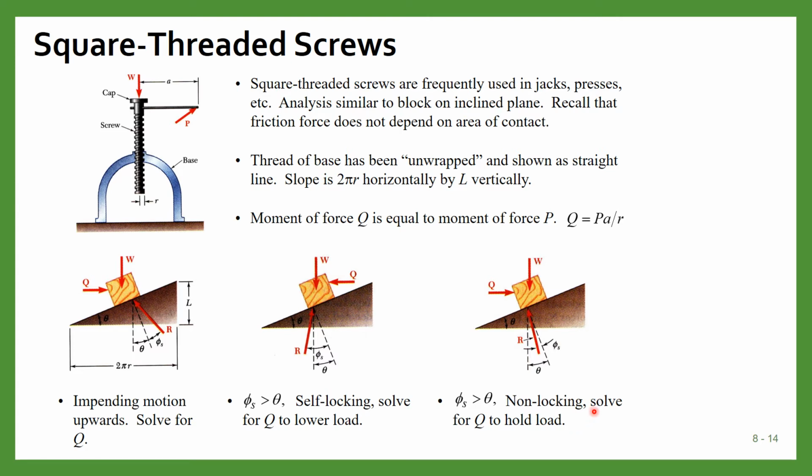In that case you have to solve for the force Q to hold this weight so that it will not come down automatically. So this is how we can solve problems related to square threaded screws that are frequently used in jacks and presses.